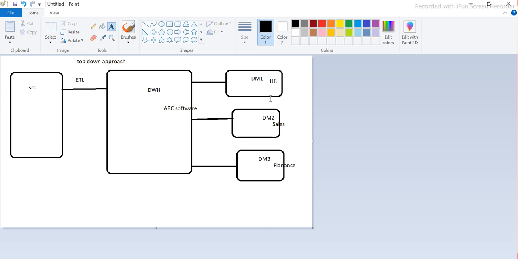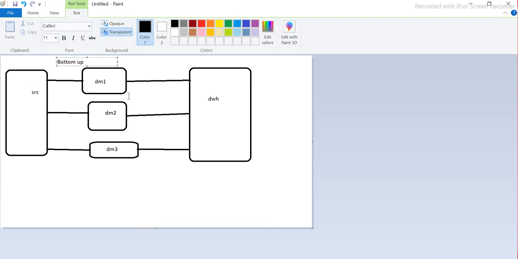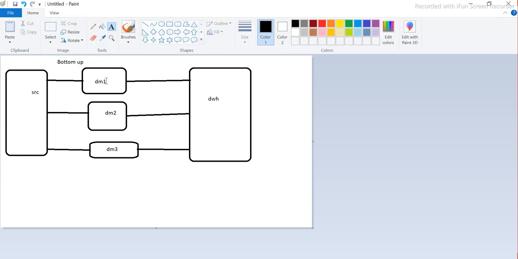So these are basically department wise, we can say department wise smaller data warehouses. So this is how it is. This particular approach is called the top-down approach, guys.